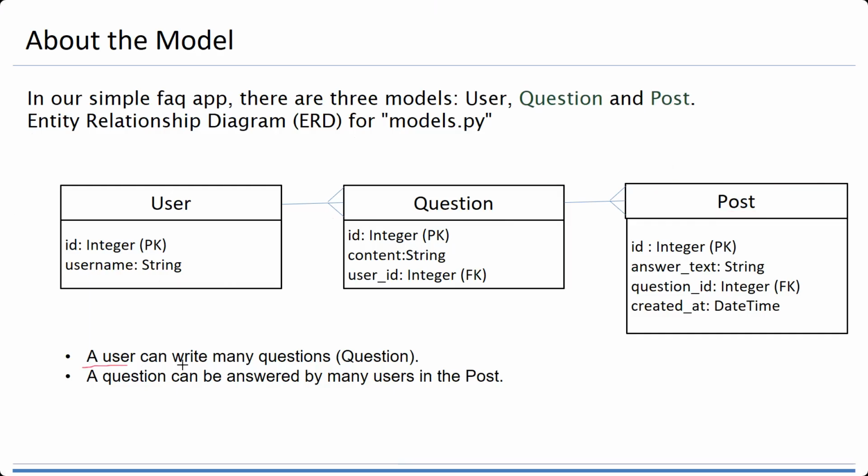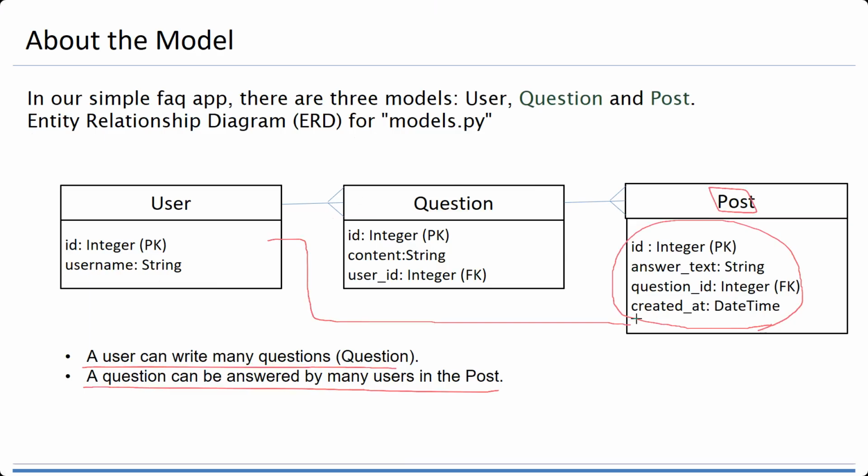So a user can write many questions, and a question can be answered by many users in the post. Okay. So I'm now not creating anything for the user. Yeah. So let's just make it simple. Of course, if you want to make something like this one, you can also make the relationship. For example, in the post, I need to know who wrote the answer.